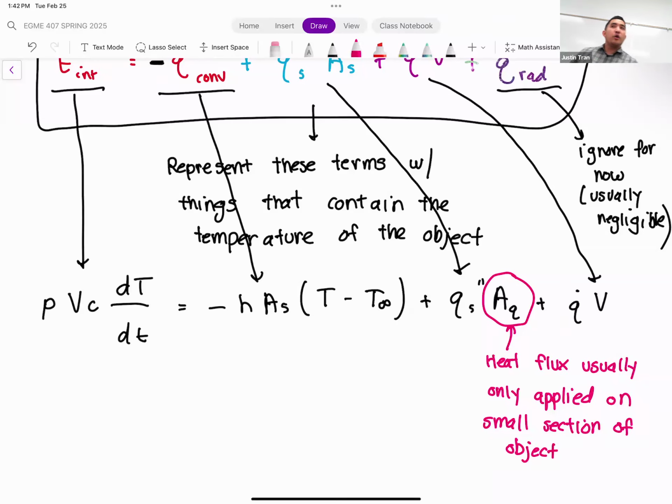So AQ, AS are different. Convection usually takes place around the entire object, but then the heat flux usually is only on a small portion. You'll see what I mean by that when we do an example right after this.